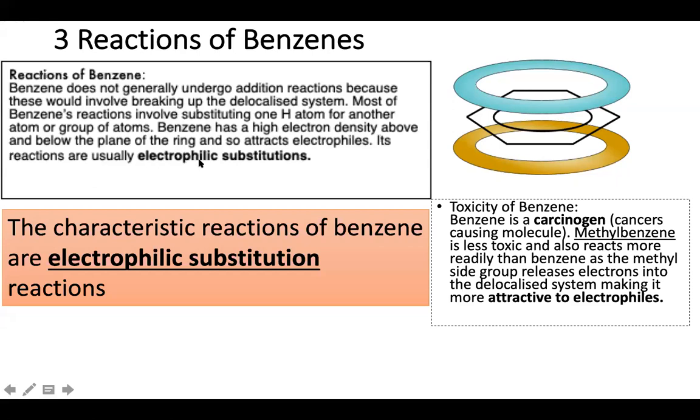The reason why we attract electrophiles is the same reason why alkenes attract electrophiles, because benzene has a high electron density above and below the ring. Same thing like alkenes, there is a high electron density above and below the double bond. Okay, so the characteristic reactions of benzenes are electrophilic substitution reactions.